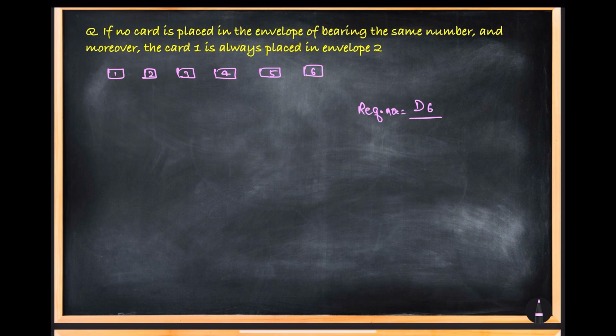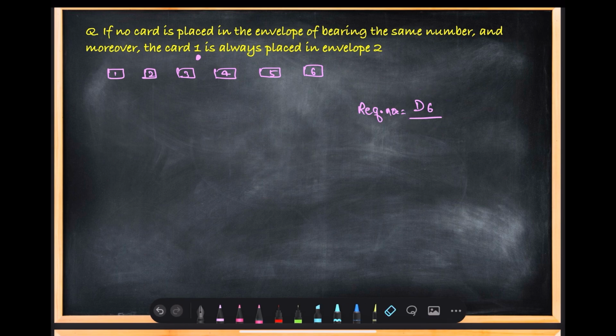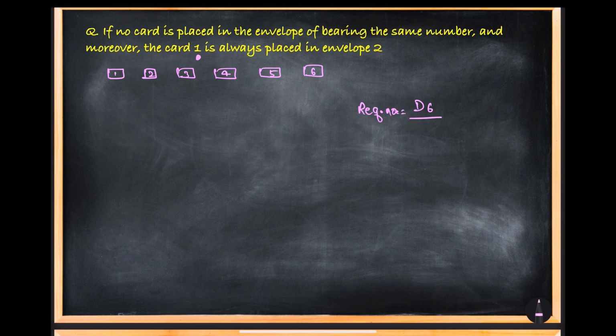Now, the idea is they have restricted card number 1 to be placed in envelope number 2 always. So can I say that D6 contains all the ways in which card 1 is placed in envelope 2, 3, 4, 5 and 6, and those numbers will be equal.